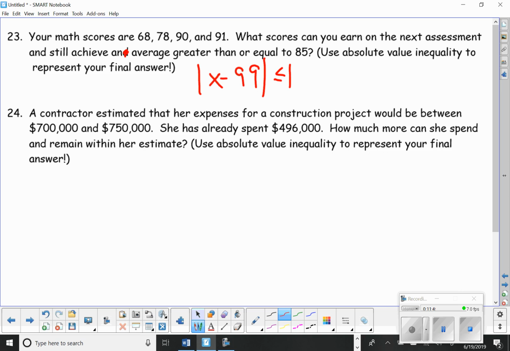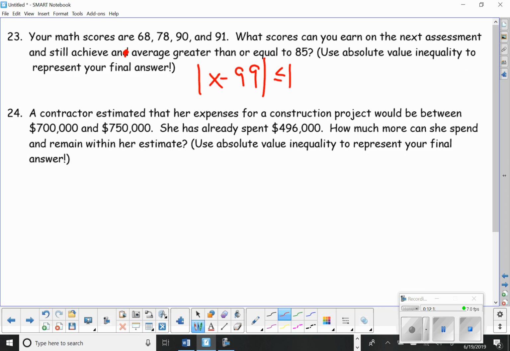She already spent $496,000. How much more can she spend and remain within her estimate? Well, for starters, she's already spent $496,000, and she was going to spend between $700,000 and $750,000. So the first thing you have to do is take the $496,000 away from the $700,000 and from the $750,000.